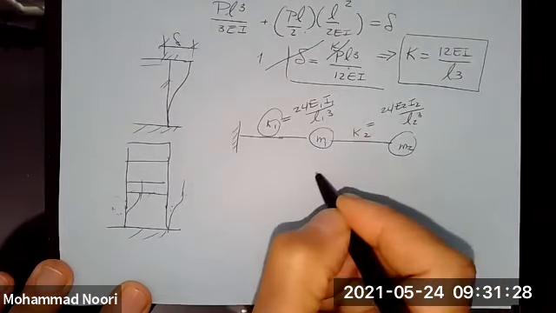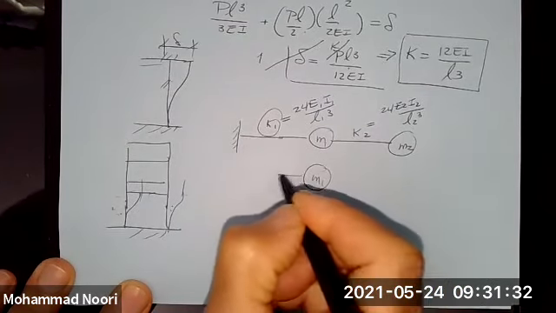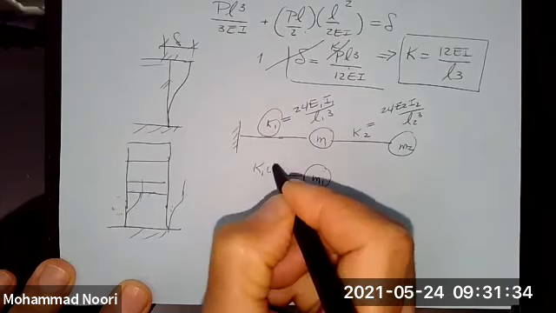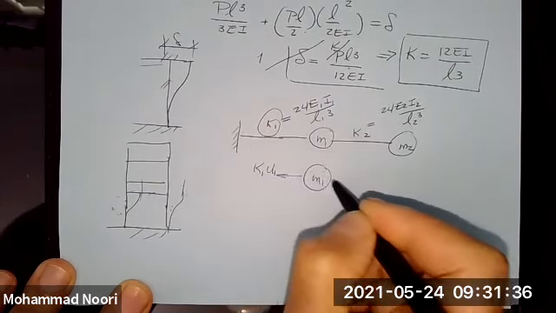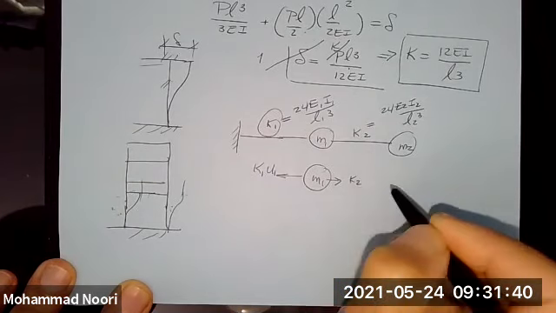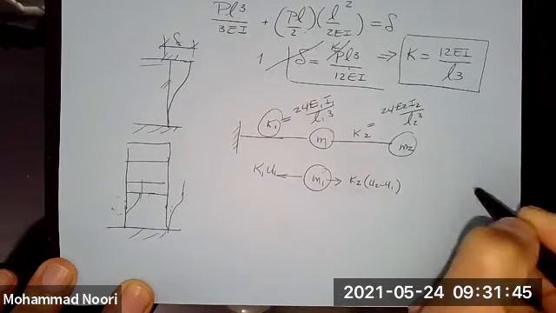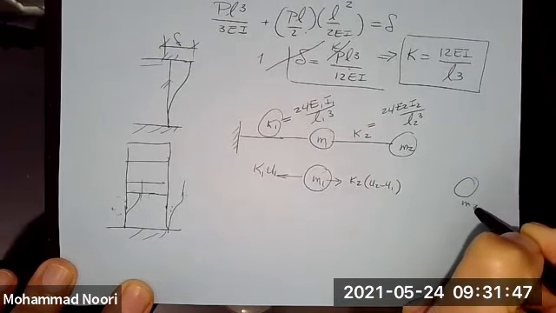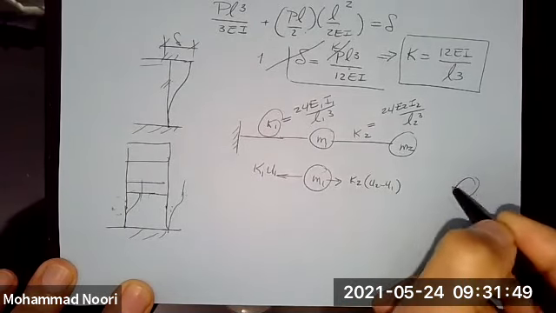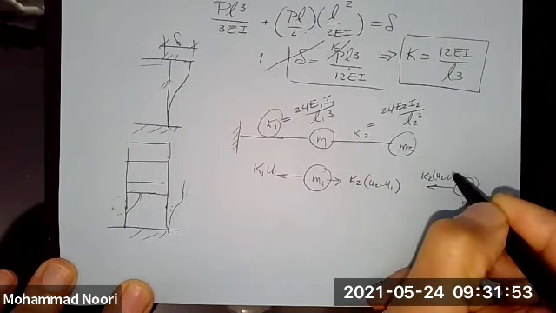you have this K1 U1, this would be K2 times U2 minus U1. For M2, you have just K2 times U2 minus U1.